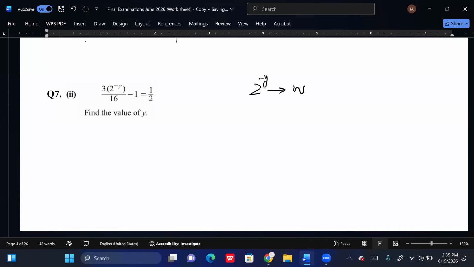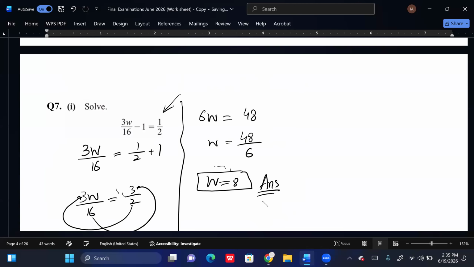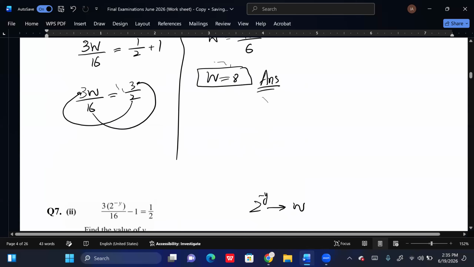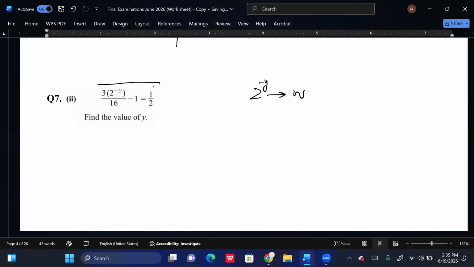It means if I write w here, I'll get the whole equation again. So 2 power minus y is instead of w, and we have solved this equation if we write w here upon 16.